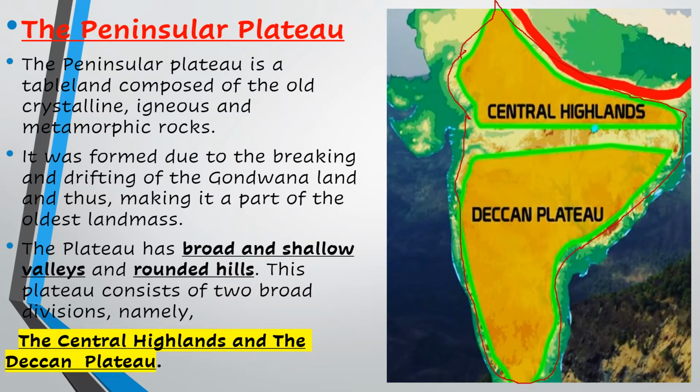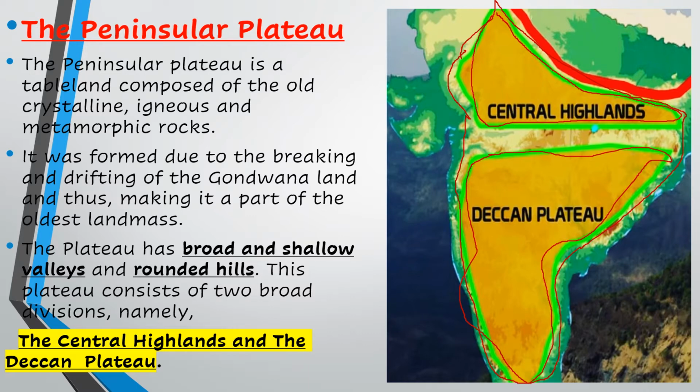This plateau consists of two broad divisions, namely Central Highlands. You can see this here. In Peninsular Plateau, the upper portion is known as the Central Highlands and the below portion is known as the Deccan Plateau. Yes, you can see here very well.